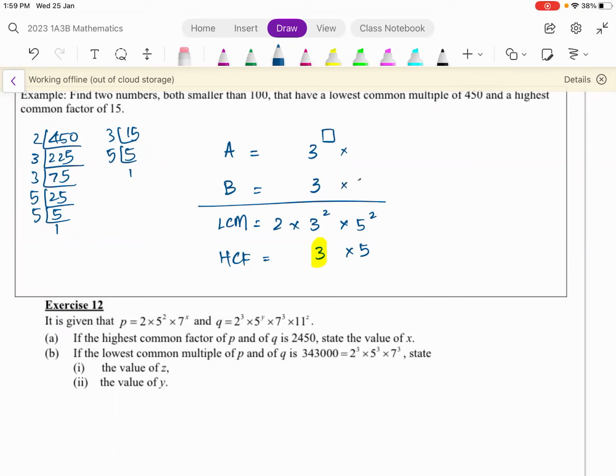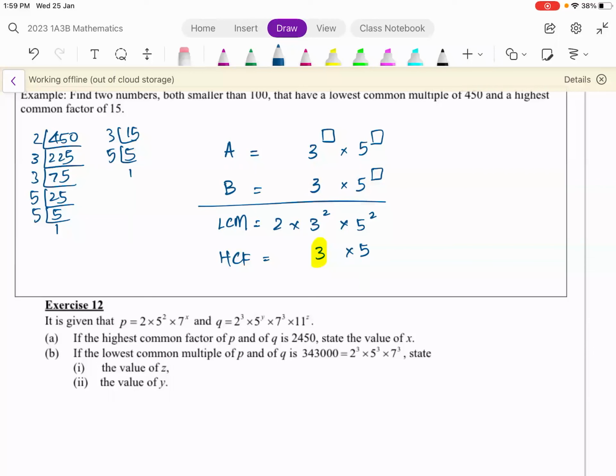Times 5 and 5. One of them must be power 1. The other, I do not know. Maybe this is the one with a different power. I don't know. So the boxes over there represent the unknowns that are in my mind. Maybe they're all ones. Life will be very easy if they're all ones, but probably not.